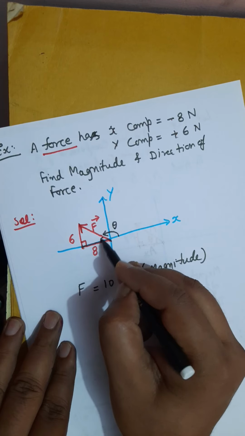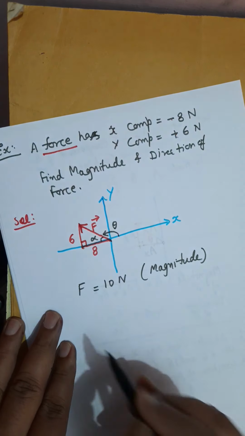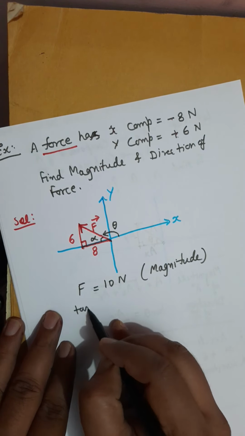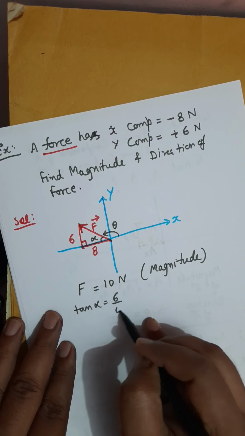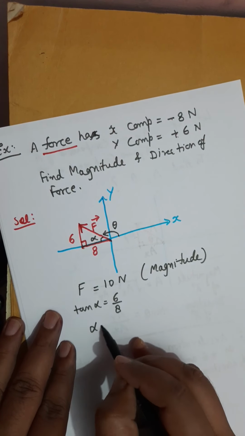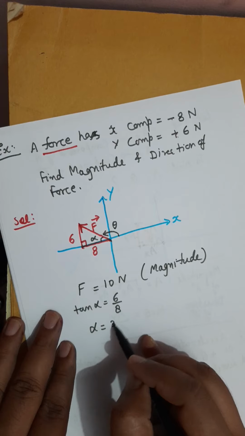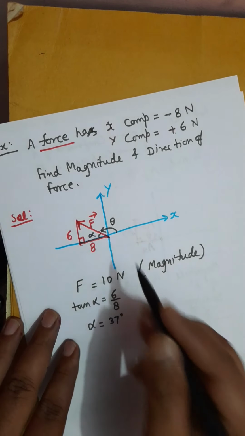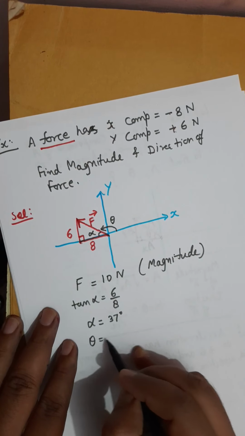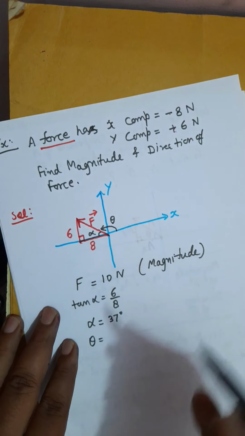Let this inside angle be alpha. First of all, I can find tan alpha, which is 6 by 8, that is 3 by 4, and you will come to know that alpha is 37 degree, and therefore the angle theta is 180 degree minus 37 degree.